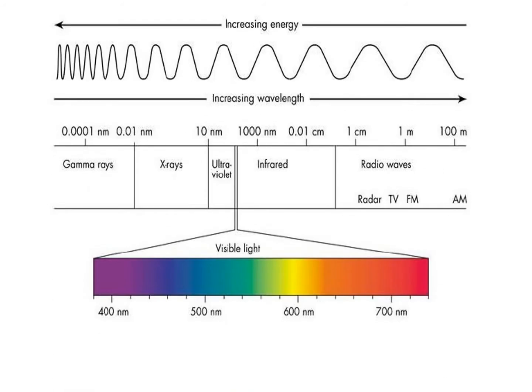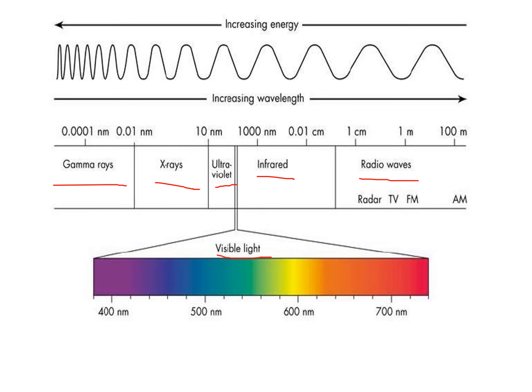So here I present the electromagnetic spectrum. You can see that each of the rays is represented: here the gamma rays, then the X-rays, then the UV rays, then in the middle the visible light, that's what we can see with our eyes, then infrared rays, then radio waves.